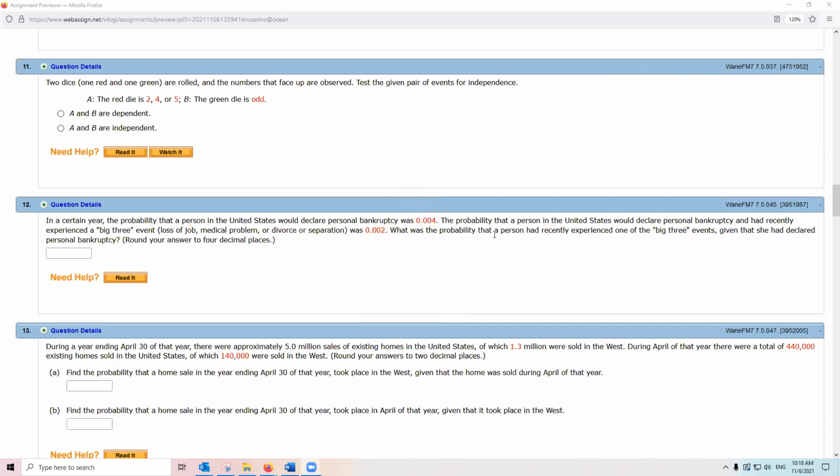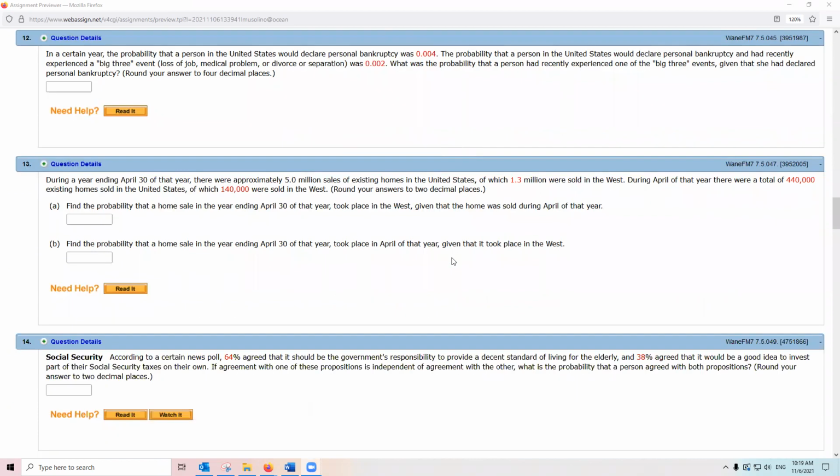Okay, let's do maybe a couple more. Let's go to 13. 13 is a little tricky because of the wording they're giving me. All right, let's see here what they're telling me. And again, I think it's a good idea to make a table up or somehow summarize the data. All right, here it says, during a year ending April 30, there were approximately 5 million sales of homes.